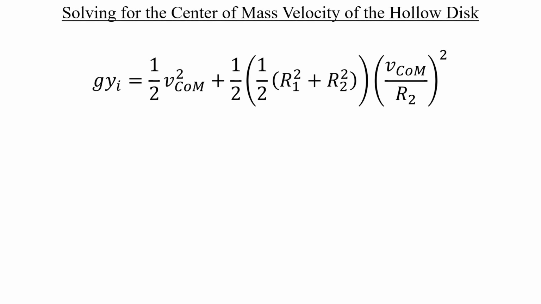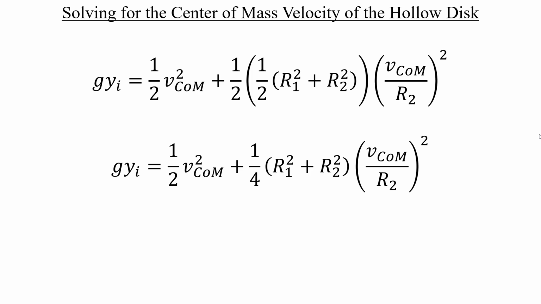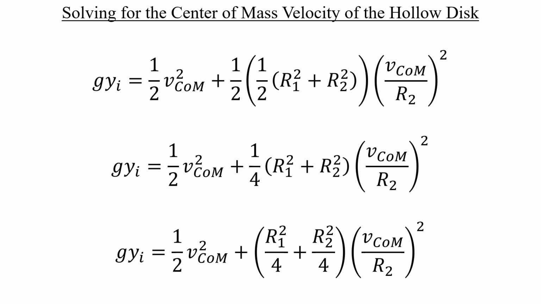Next, I'm going to distribute this first 1/2 coefficient into these parentheses. And then we can drop the outer parentheses since they're no longer needed. Let's distribute again by sticking this 1/4 coefficient into the next set of parentheses, like this.